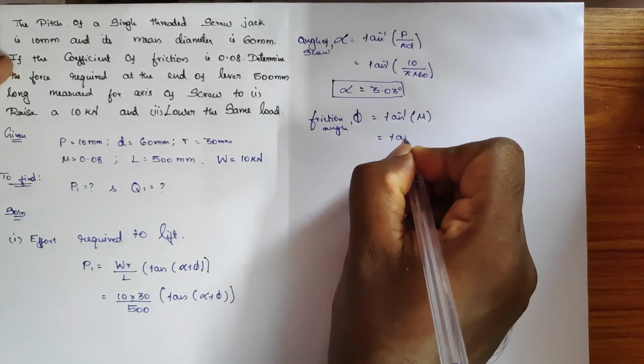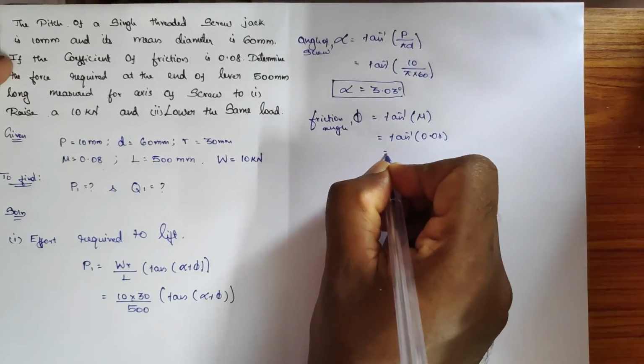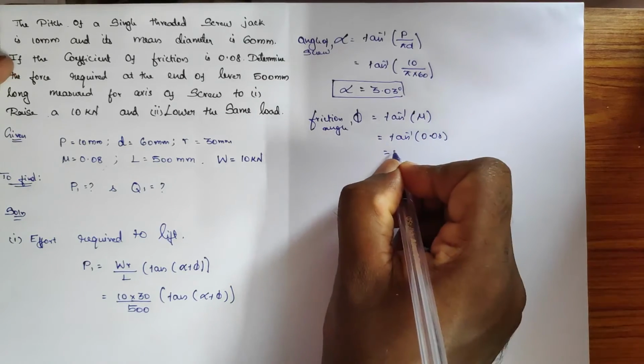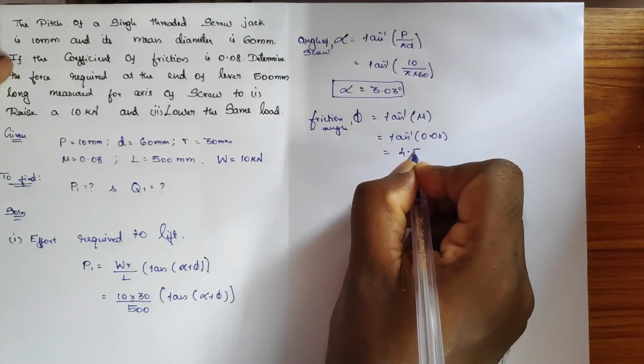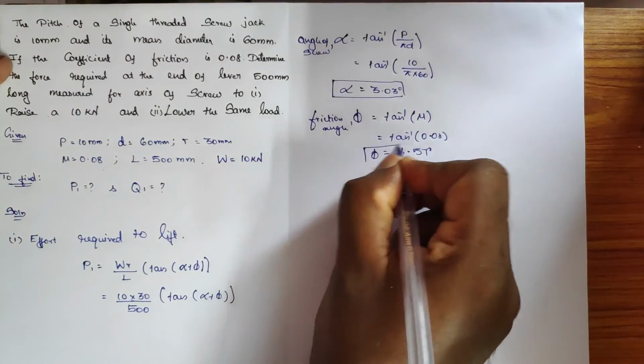So here I will get tan inverse of 0.08, which gives 4.57 degree. Okay, which is phi.